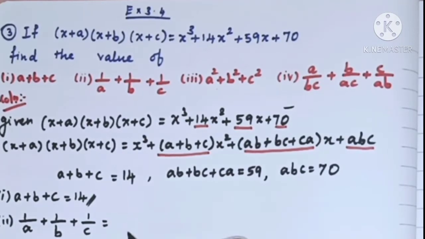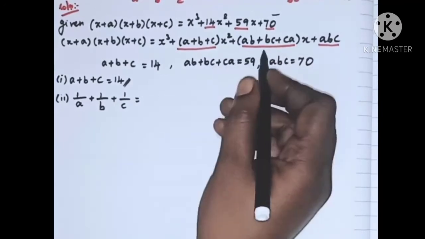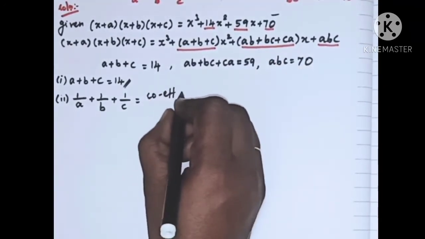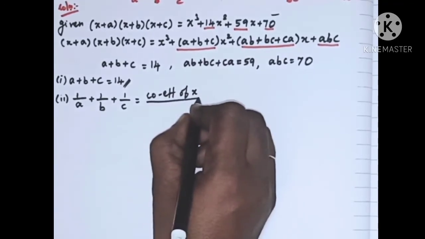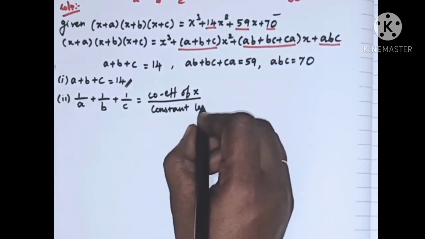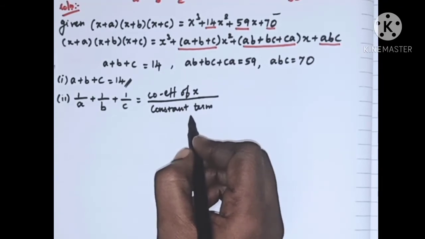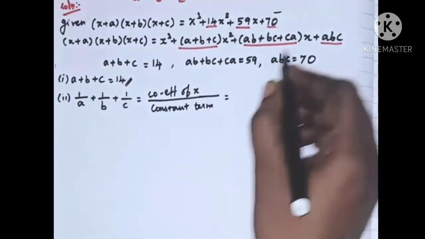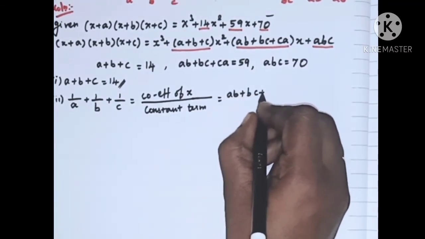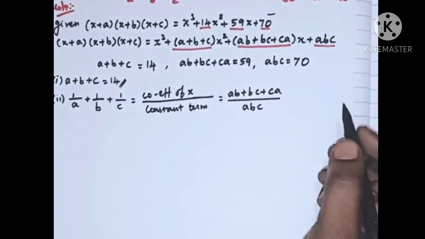For this we have to find the coefficient of x by constant term, coefficient of x divided by constant term, because coefficient of x is nothing but ab plus bc plus ca, and the constant term is nothing but abc.